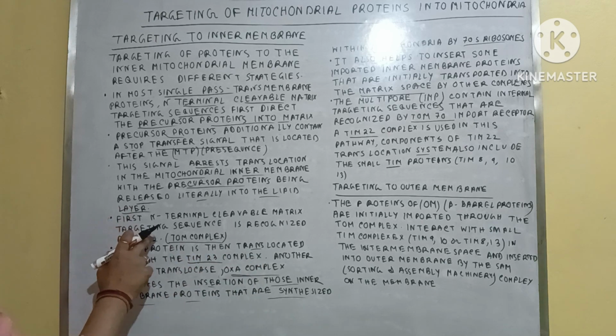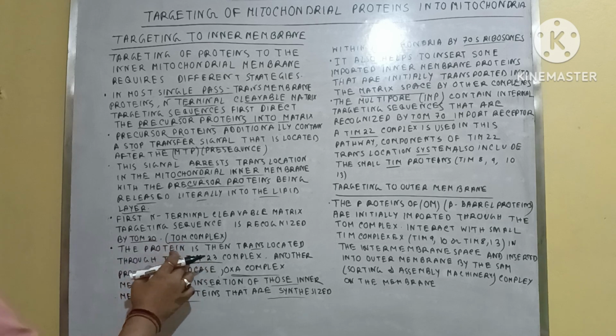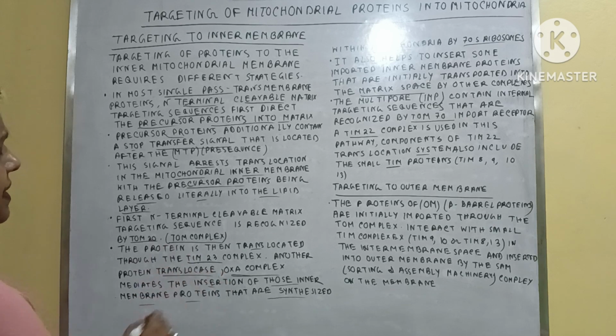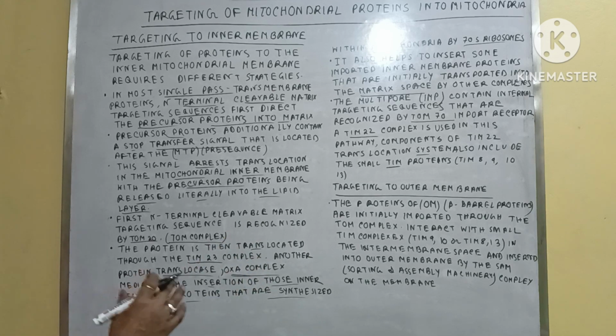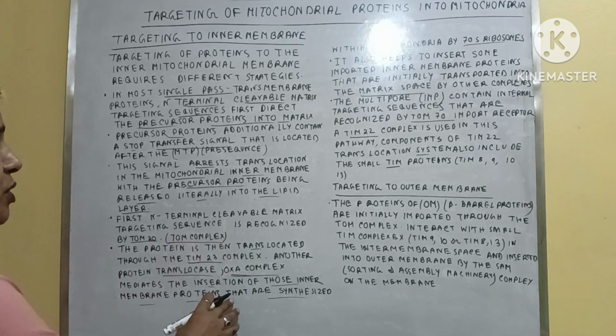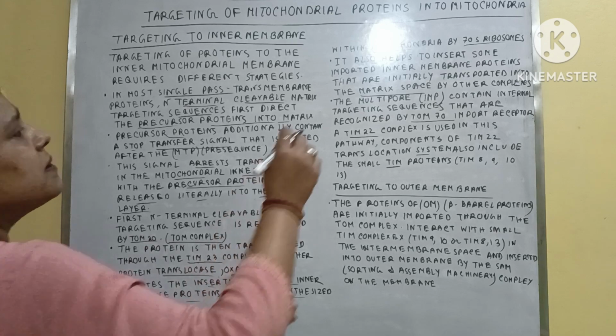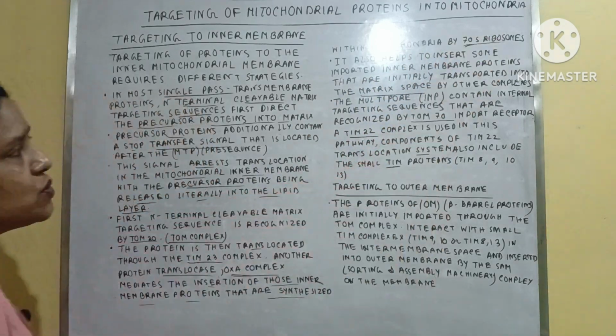First TOM20, then from TOM20 it is transported towards TIM23. Another translocase, the OXA complex, also helps in the translocation of proteins synthesized by the 70S ribosomes.